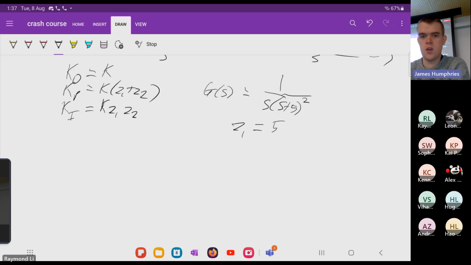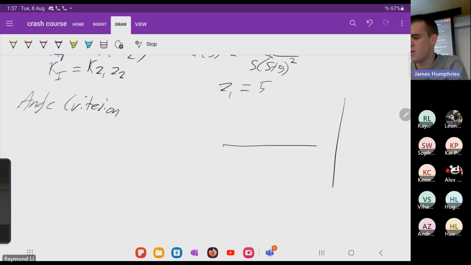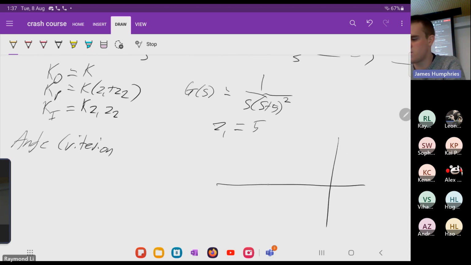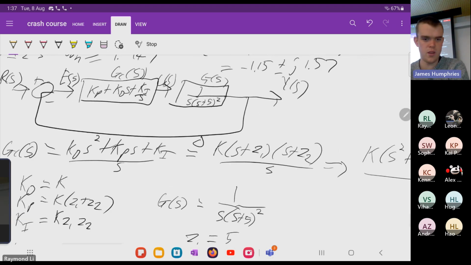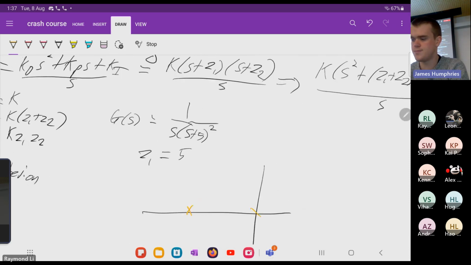Okay, and then we have the angle criterion. Do we remember what this is? I'm going to be honest, I don't remember. Then you draw a plot: we had one pole here at -5, and we have 2 at the origin.